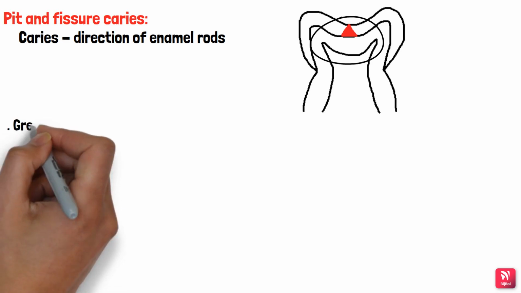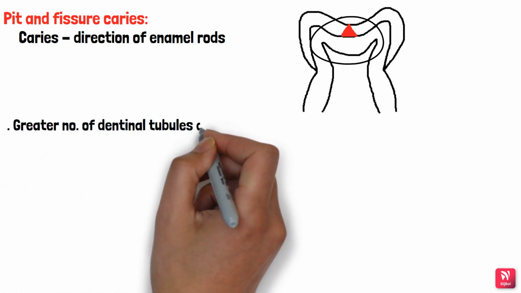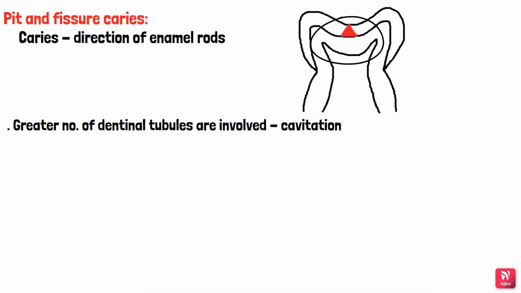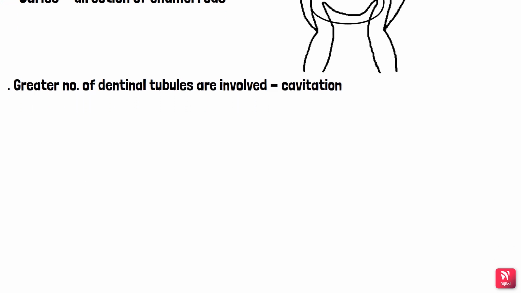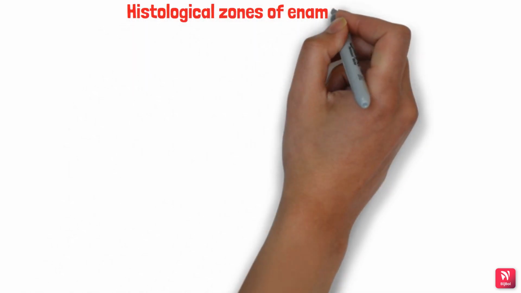That means if we open the lesion, it will be deeper towards the DEJ. Along the DEJ it will even involve the dentinal tubules, resulting in cavitation. So a greater number of dentinal tubules are involved, resulting in cavitation. It is kind of opposite to that of smooth surface caries.